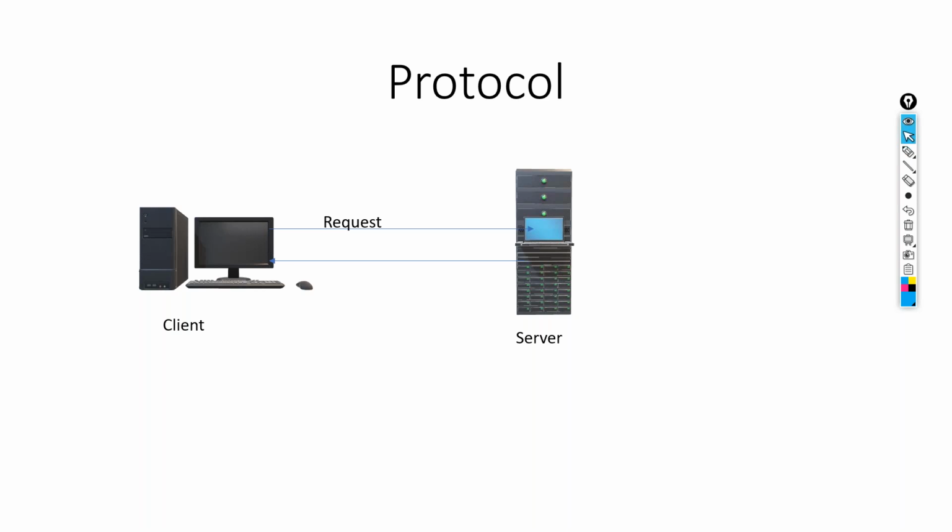The protocol we are discussing with respect to performance testing is the communication mechanism between a client and a server. Now, who will decide this? What type of communication mechanism we have to implement between this client and this server? That will be decided by the architect.